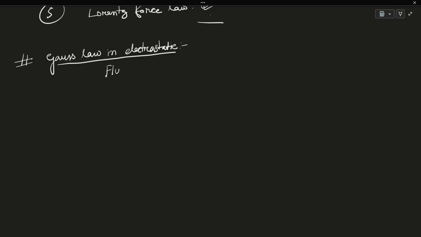We all know about flux, right? So what is flux? Flux is field lines, or lines of force, per unit area.